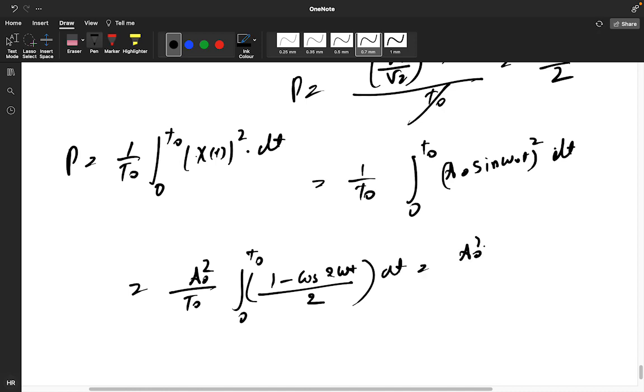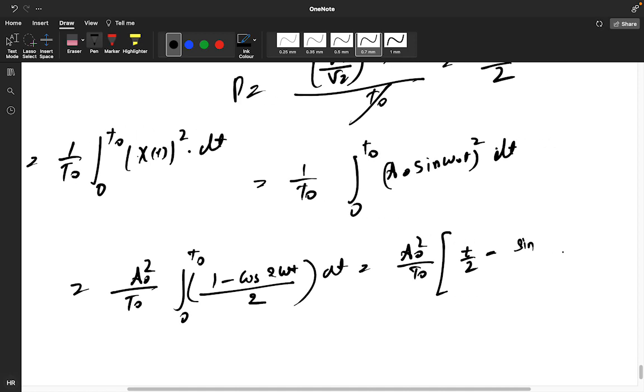Solve it. A naught square by T naught. What you will get? T by 2 minus integration of a cos. Integration of a cos is what? Sine 2 omega t.